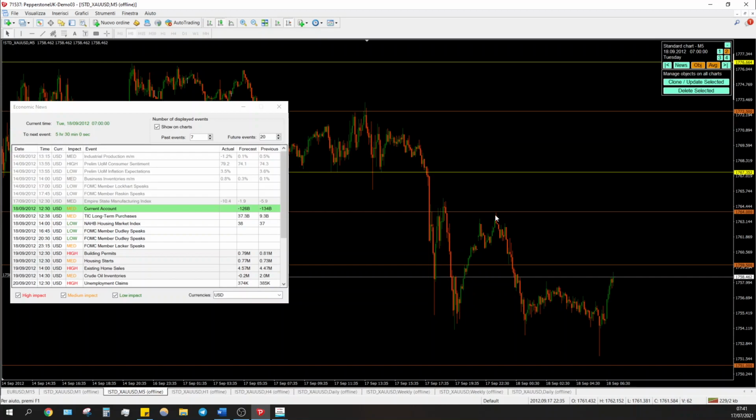We got a pullback to previous lows. Looks like we made a double bottom. Huge wick on the 5 minutes time frame, and now pre-London we got this bounce back. So we start with our analysis already from the 5 minutes.